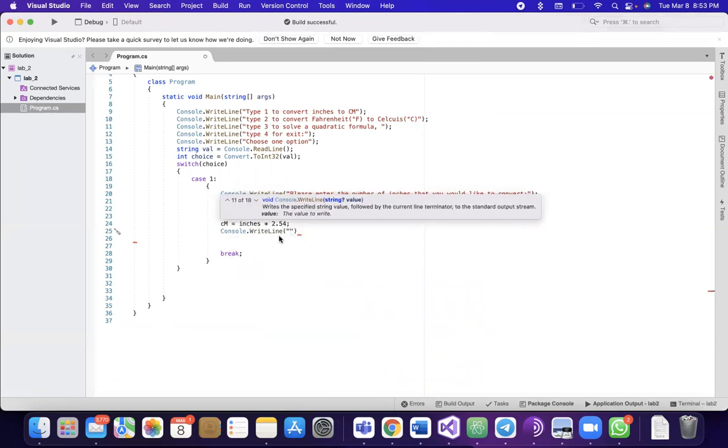So now what I'm going to do here is print the final value in centimeters.